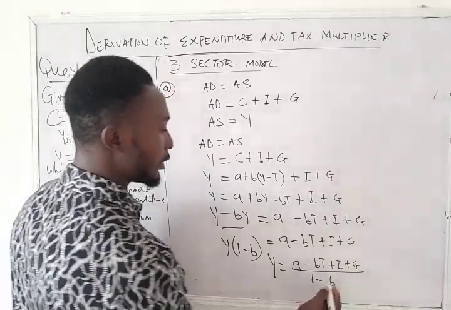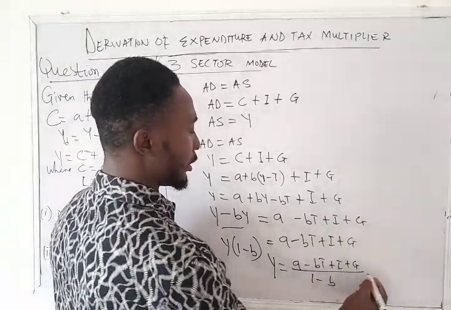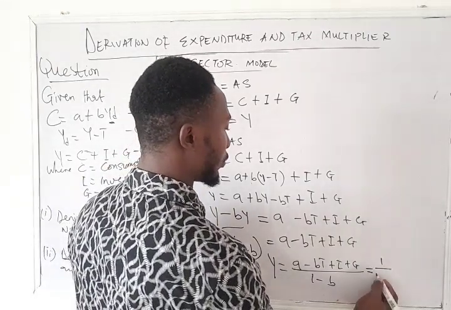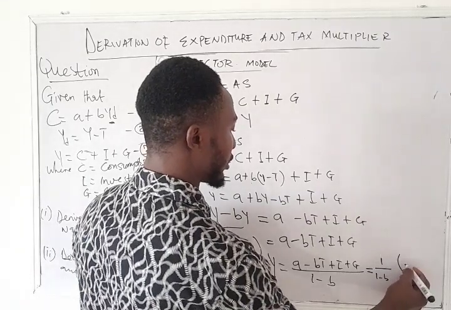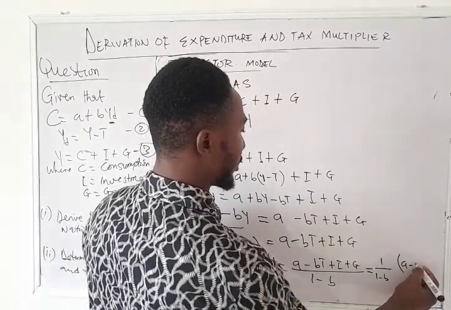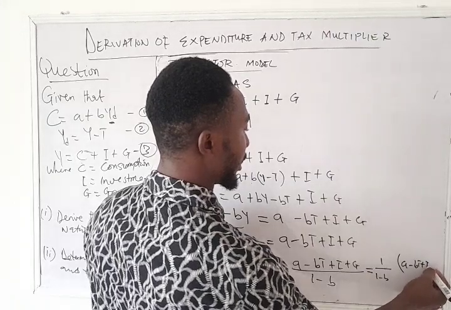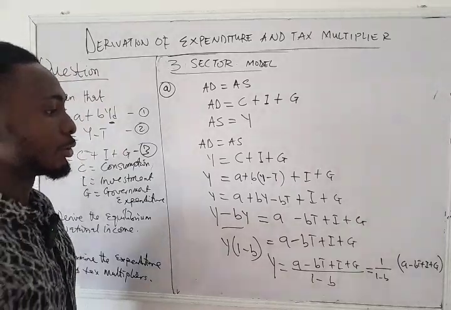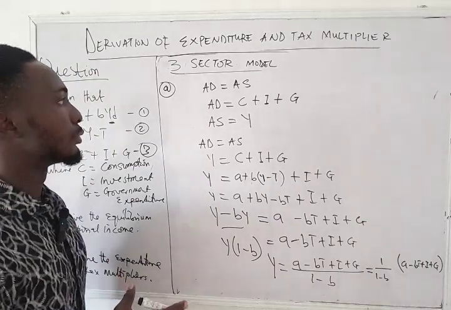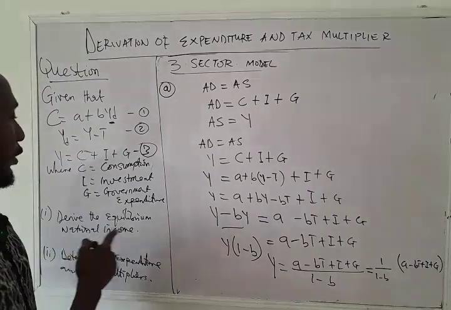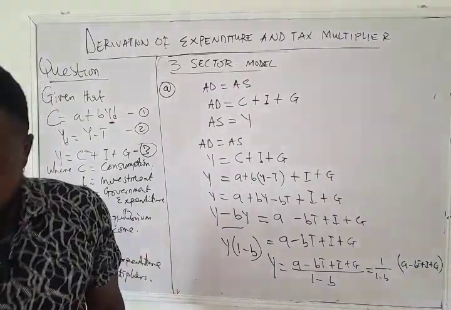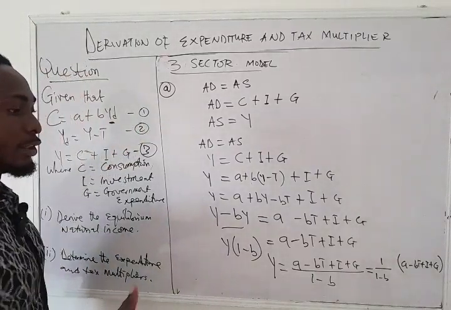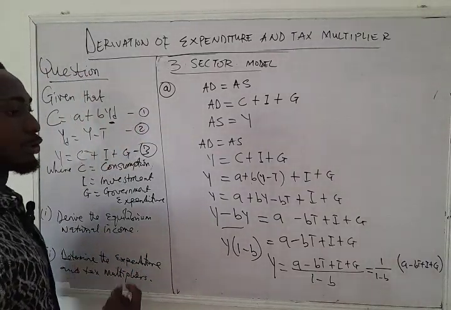So this is the equilibrium national income and can be written further as 1 over 1 minus b, bracket A minus BT plus I plus G. So this is the equilibrium national income, and that is the first part we are asked to derive. Now for the second part here, we are asked to derive also the expenditure multiplier.